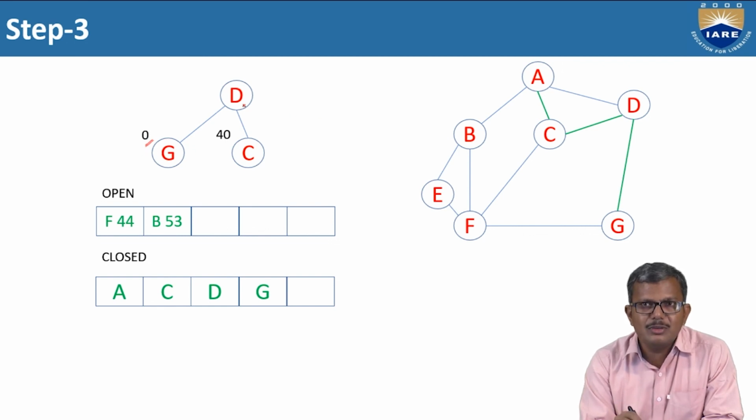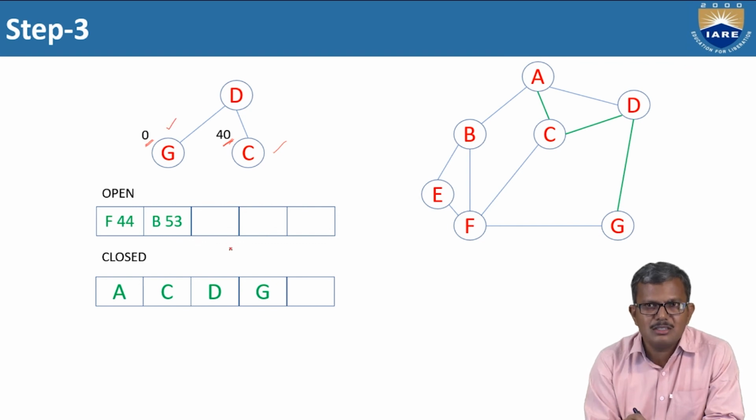And the Euclidean distance from C to G is 40. But we know that we have already visited C. When C is visited, it's not necessary to consider this one. We are going to consider only this.